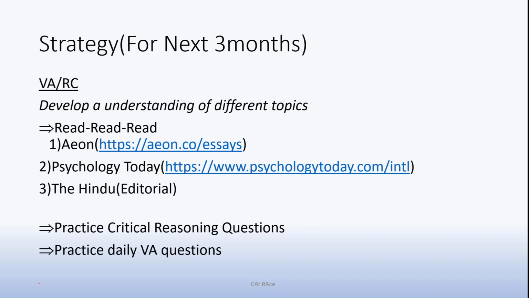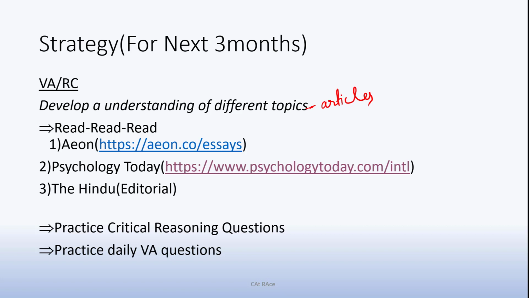For VARC, let's talk about the first section. What does this section require? You need to develop an understanding of different types of English articles or topics, like from the RCs, maybe from different topics like psychology, history, philosophy and economics, anything that can be there in the passages.